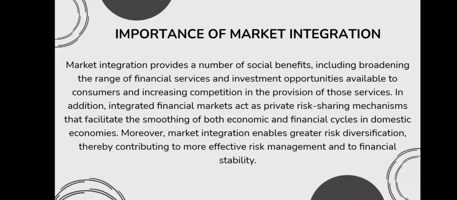So, in addition, integrated financial markets act as private risk sharing mechanisms that facilitate the smoothing of both economic and financial cycles in domestic economies. So, when markets are connected, they can help share financial risk between countries.